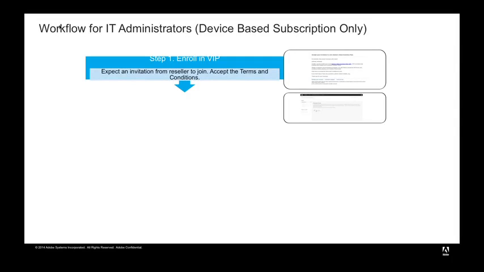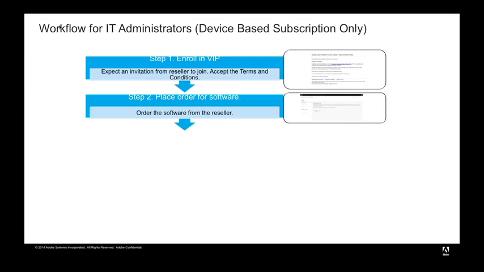So the first thing is going back to step one. Luke will send you an invitation to enroll on the VIP program. That then gives you the option to add seats for named users. But then if you want to order devices, you place a PO for the device-based licensing on Bytes.